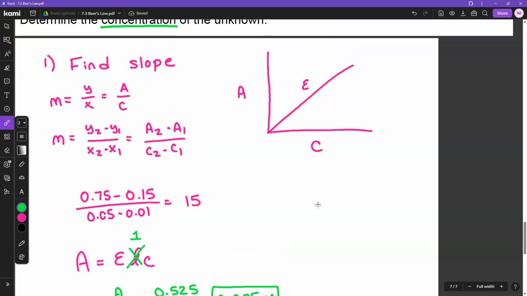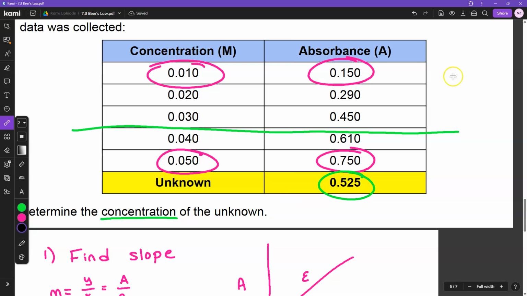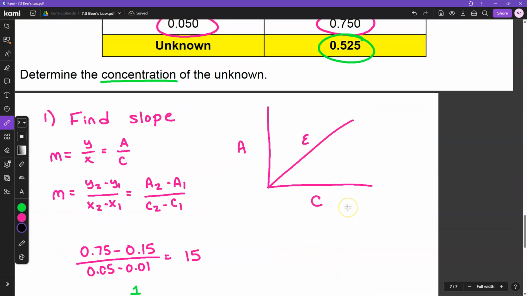When we're using Beer's law, we would collect this data in the lab to create what's called a calibration curve, and to solve for our epsilon.